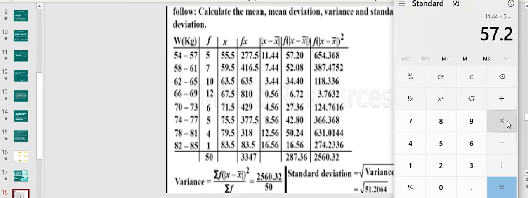$57.2 will be multiplied with 11.44, which is equal to 654.368.